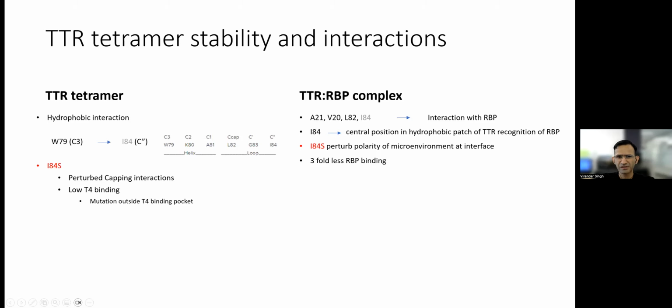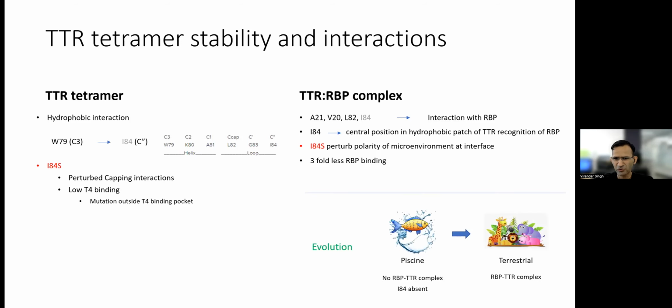The I84S mutation results in perturbed capping interactions, and this results in low T4 binding. This mutation also affects TTR interaction with retinol binding protein, and it has been observed that there is 3-fold less binding with RBP if isoleucine is mutated to serine.